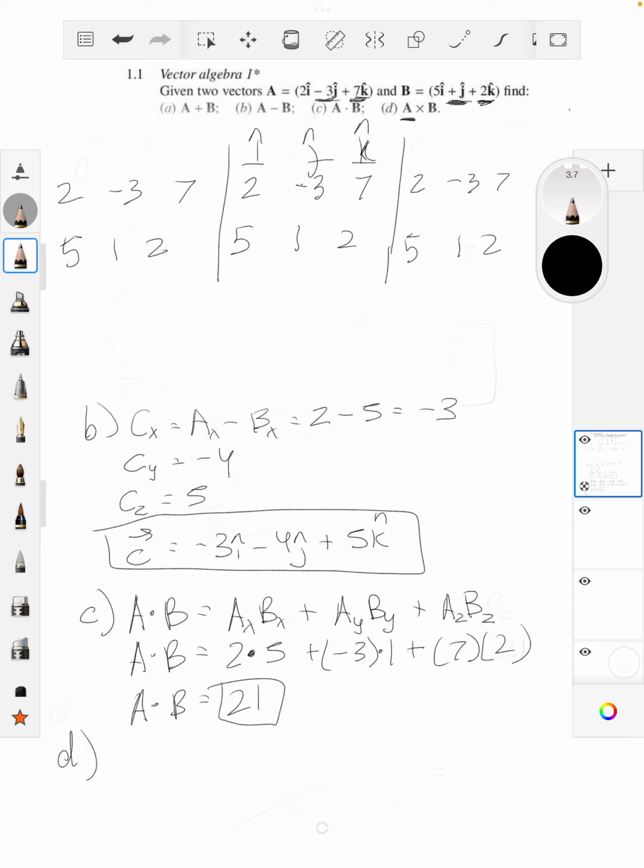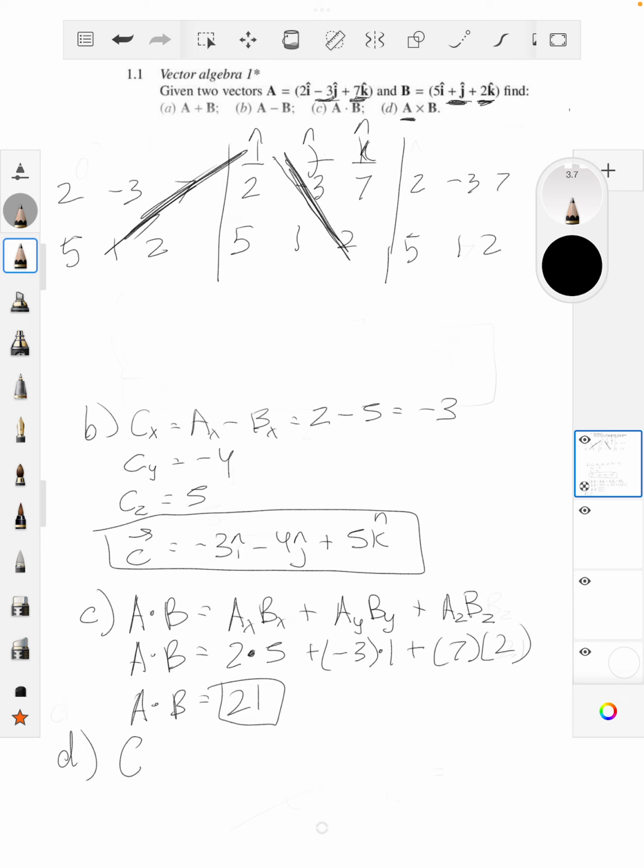And for each of these vectors, the coefficient is going to be the product of this diagonal, subtracted by the product of this diagonal. So for i hat, let me just write it over here. Cx, we're going to have the same vector, right?